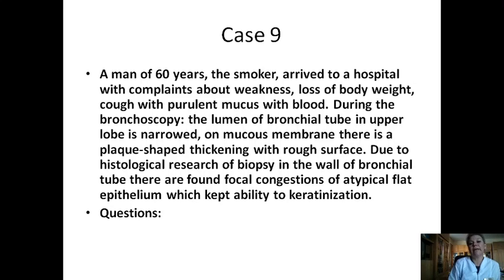On mucous membrane, there is a plaque-shaped thickening with rough surface. Due to histological examination, in the biopsy, in the wall of bronchial tube, there are found focal accumulations of atypical flat epithelium, which kept ability to keratinization.